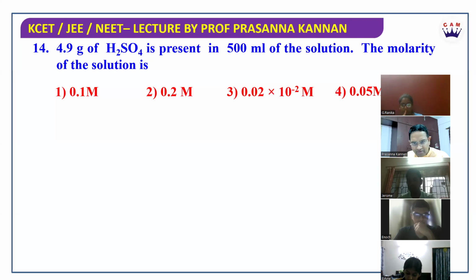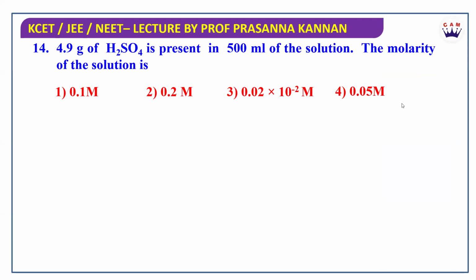Okay. And one more method of approach you must use. I want you to use this, slowly. See here, if I am given this question, how would I solve it? Let me just show you. See here, 4.9 gram of sulfuric acid is present in 500 ml.